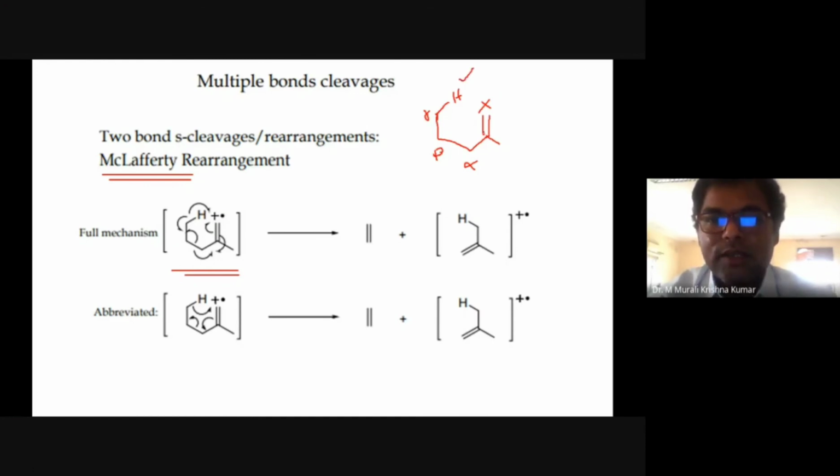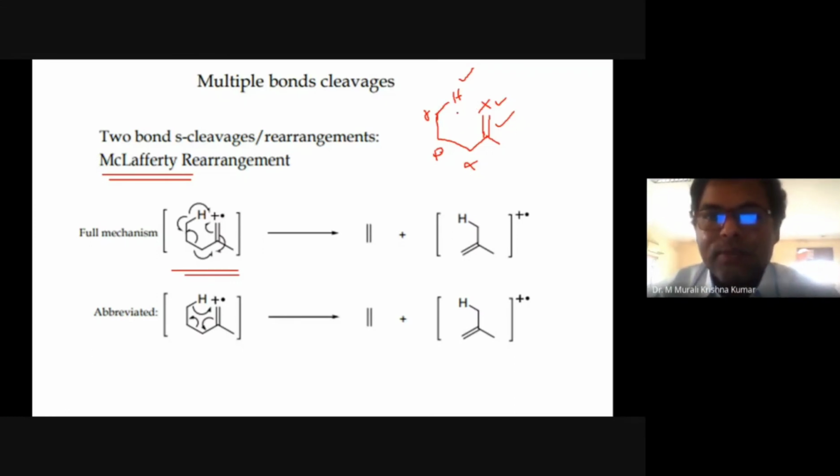And to the ipso carbon, we need a double bond. And the remaining bonds, alpha to beta, beta to gamma, must be single bonds. So if this situation is available, what will happen? X is usually a heteroatom or electron withdrawing atom, or even a simple carbon atom.